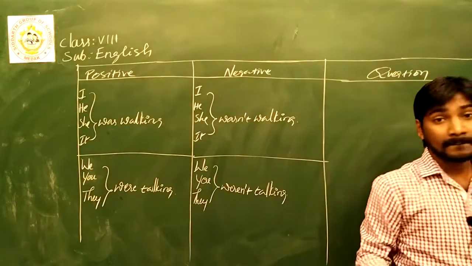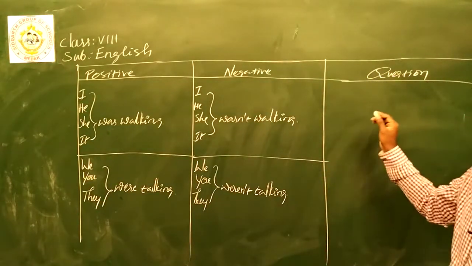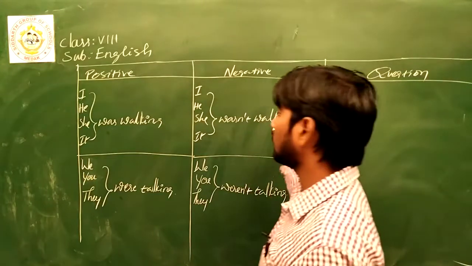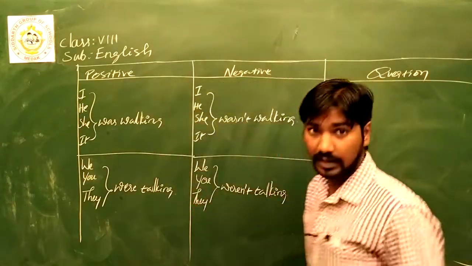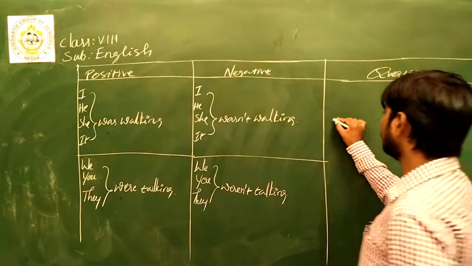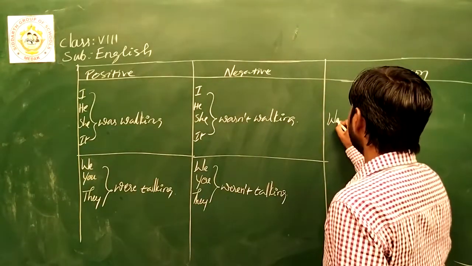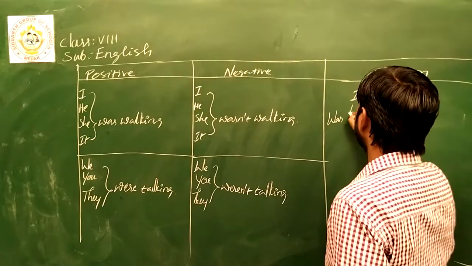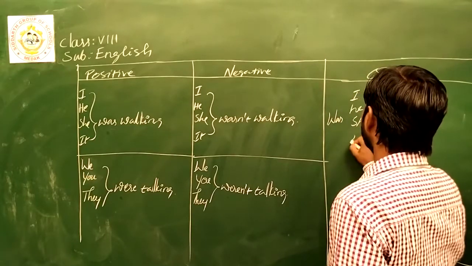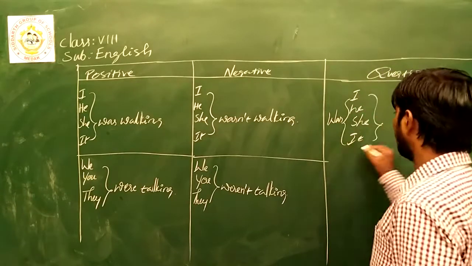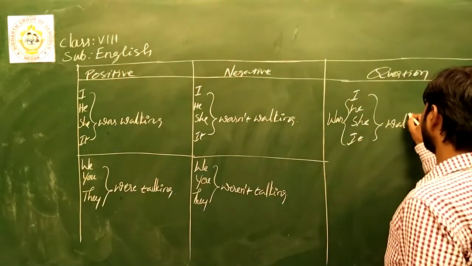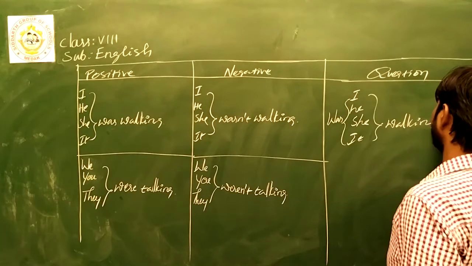Question forms: the auxiliary verb will come first. What is the auxiliary verb here? Was here, were. Let us see. Was I, he, walking, question mark.